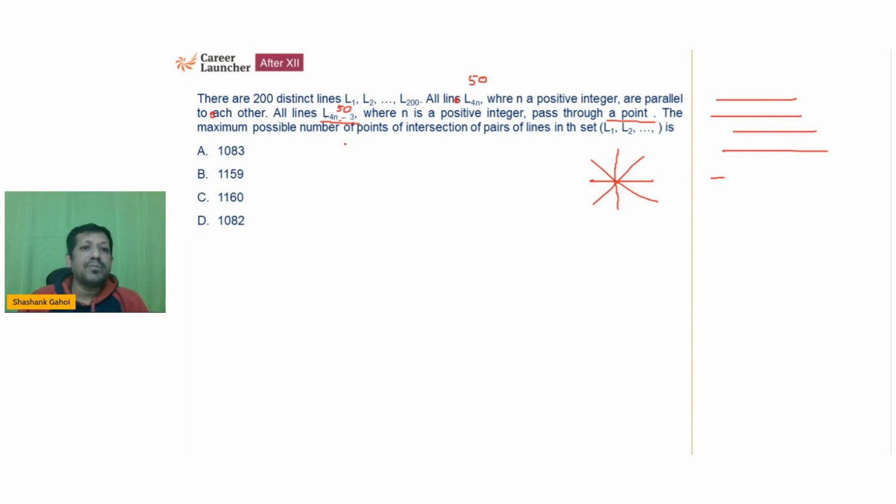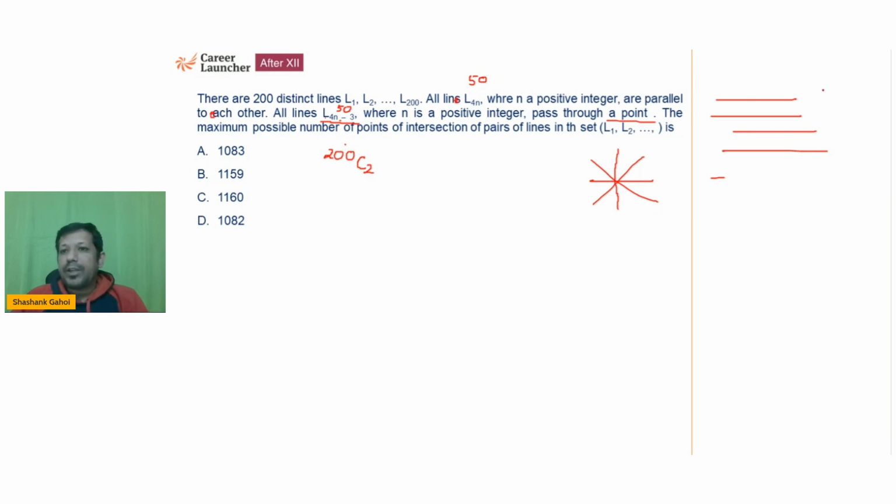And it asks for the maximum possible number of points of intersection of pairs of lines in the set L1, L2, L3 up to L200. So basically, for one intersection, how many lines do you need? You need 2 lines. So if 200 lines are there, how many intersections should there be? That is going to be 200 C2.